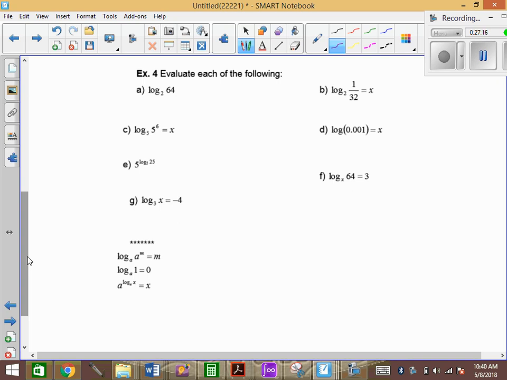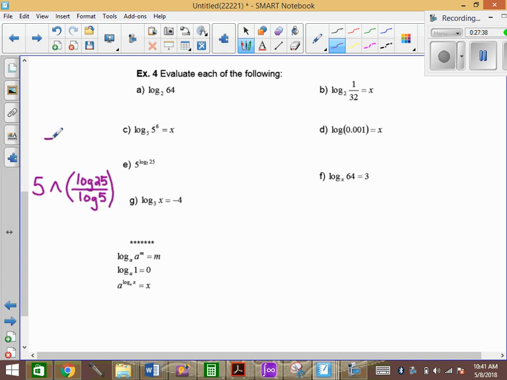So E, this is just something to note. If you get 5 to the log base 5 of 25, type that into your calculator. So it's 5 to the exponent. If you have the non-fancy calculators, you're going to go 5 to the exponent log 25 divided by log 5.